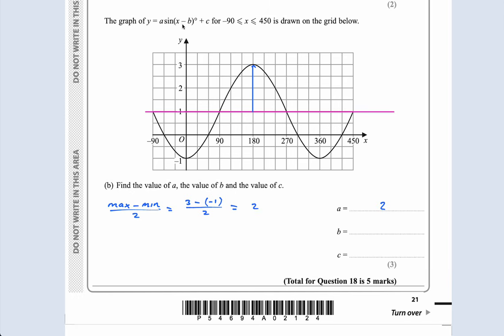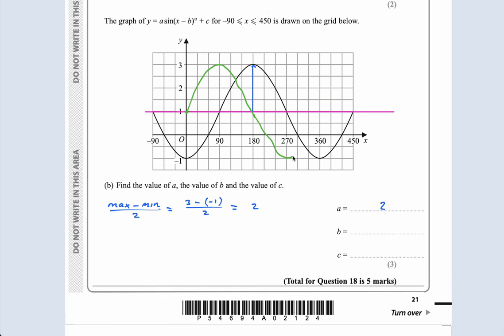B. What is B? B is how much this graph has been moved to the right. Now, a normal sine graph starts at 0, 0, then goes up, reaches its max at 90, comes down, goes through there, and will reach its min at 270.